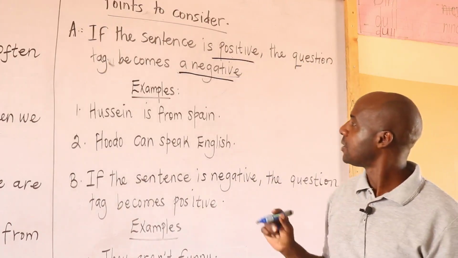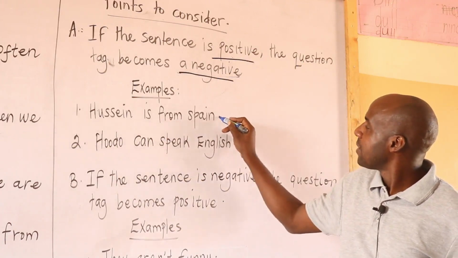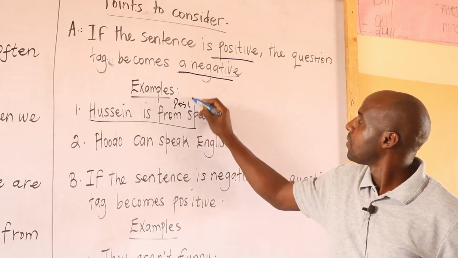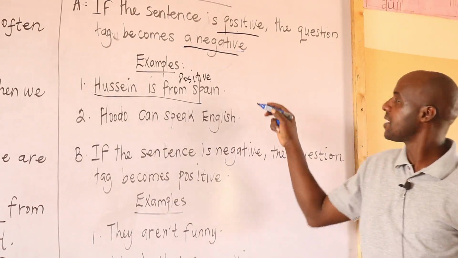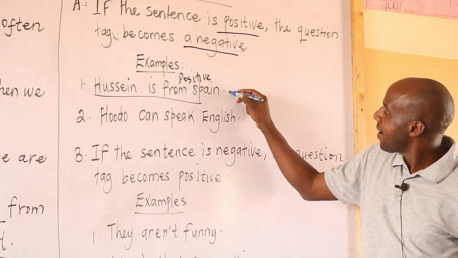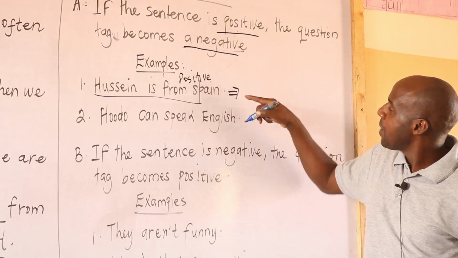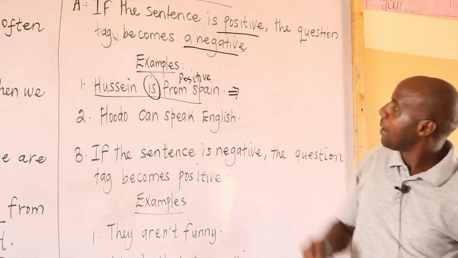For example, Hussein is from Spain. This sentence is a positive sentence. So the question tag will become negative. And remember, we have to use the auxiliary verb.